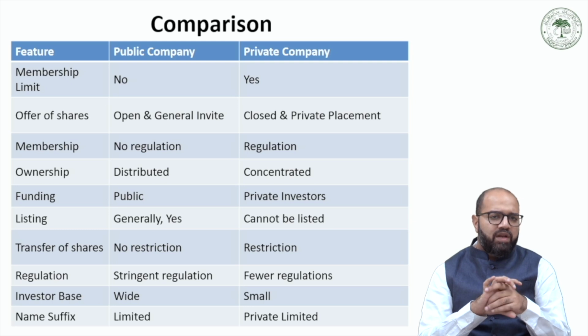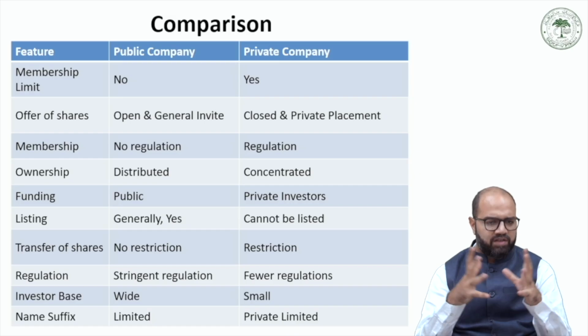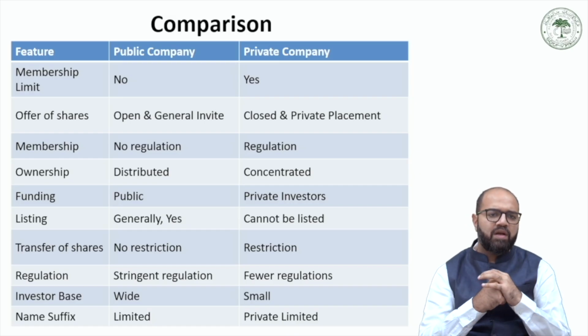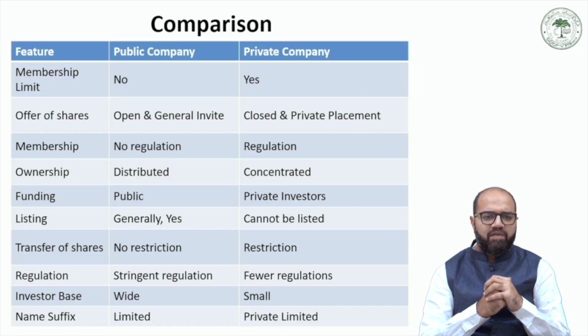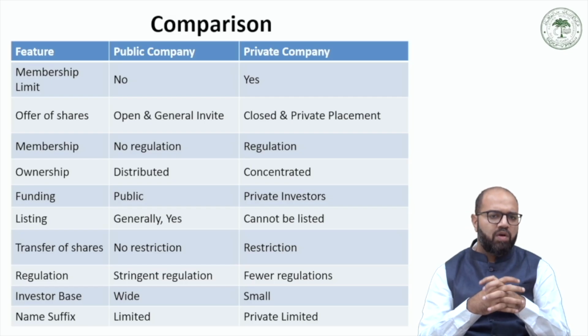Now, the investor base of a public company is very wide, naturally, because it has access to a large number of investors from the public. Whereas, in case of a private company, the investor base is generally small, or a fewer number of people.